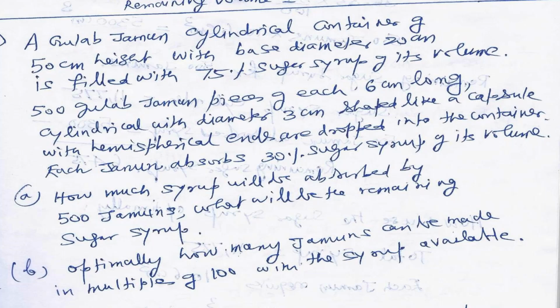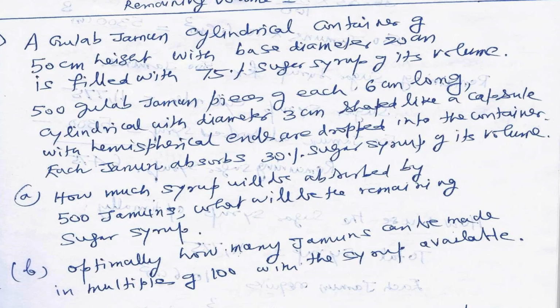Each jamun absorbs 30% of sugar syrup of its volume. How much syrup will be absorbed by 500 jamuns? What will be the remaining sugar syrup? Optimally, how many jamuns can be made in multiples of 100 with the syrup available?